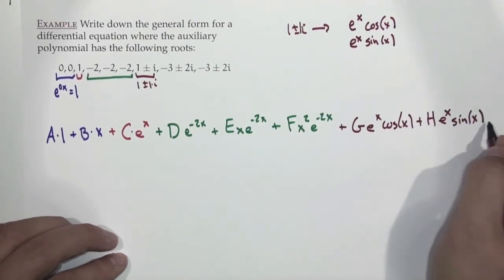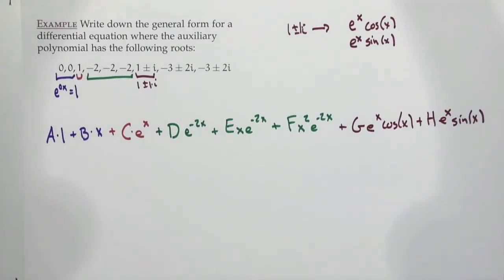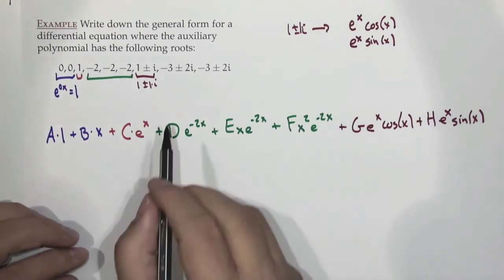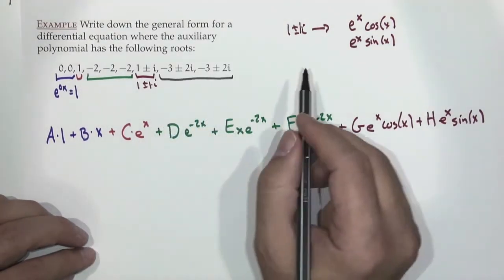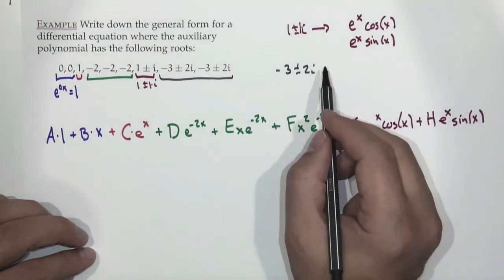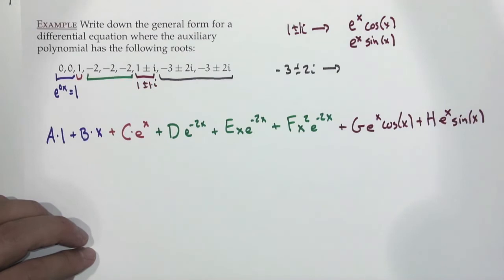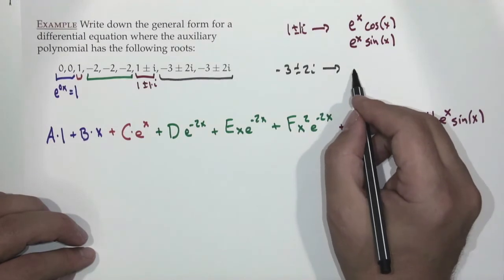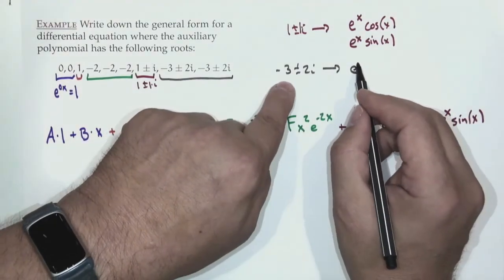Just imagine if we had some initial conditions. This would be fun. Or not. Probably not. Okay, this might be a little bit clearer to see what's going on. The negative 3 plus minus 2i. What will our solutions look like that correspond to those roots? You use the negative 3.